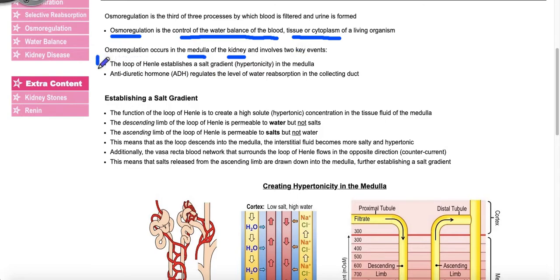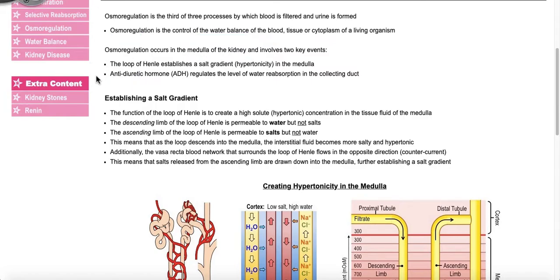The first event is that the loop of Henle establishes a salt gradient, meaning that the medulla is going to become hypertonic, and that's important. And the second event is that antidiuretic hormone, ADH, regulates the level of water reabsorption in the collecting duct. So we're going to be looking at these two events separately.